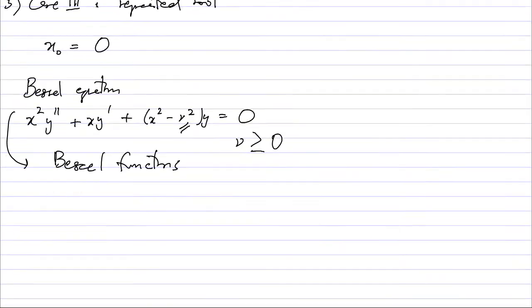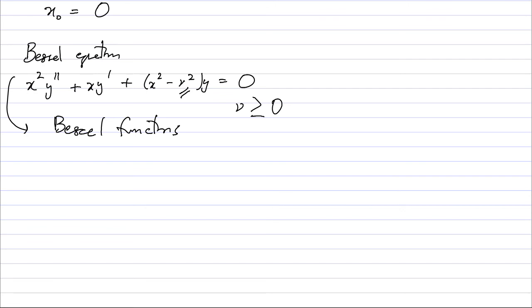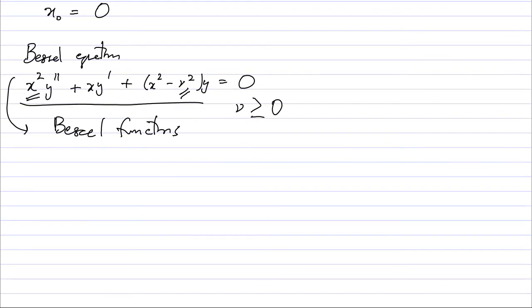Just to give you a brief introduction of how you deal with such an equation. Remember, you first put this differential equation into standard form by dividing throughout by x squared, and then you find that x equals 0 is a regular singular point. So you can look for solutions of this form about x equals 0.